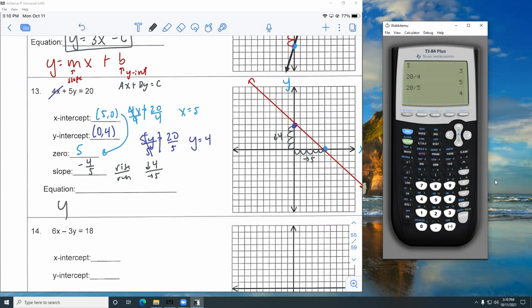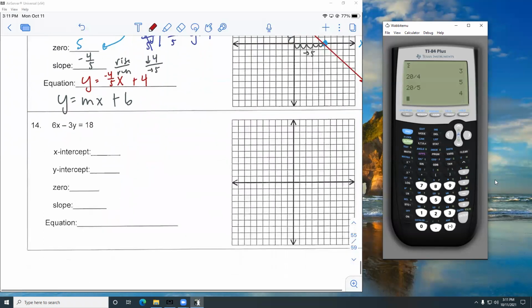So for my equation in Y equals mx plus b form, where m is my slope and b is my Y intercept, I'm going to write my equation. Y equals -4 over 5x plus 4. Do we see how I got there? Make sure you see that.